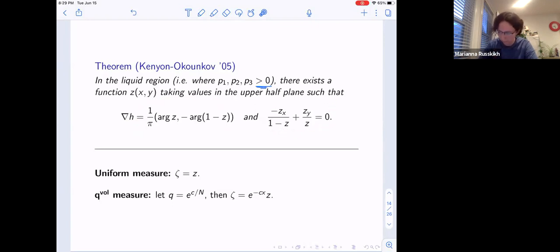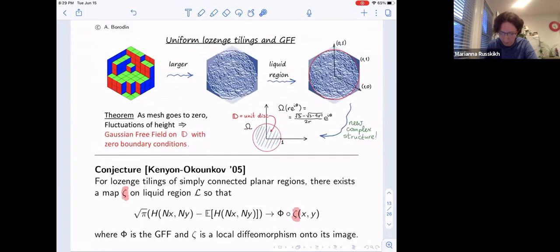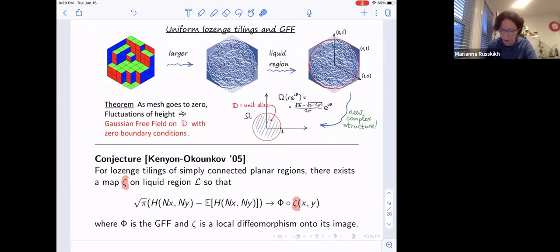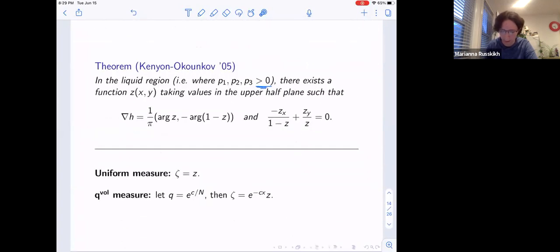And this map zeta, which defines a new conformal structure, is given in terms of this function z. In the case of the uniform measure, it just coincides with z, and in the case of the q to the volume measure, it is given in some way, yet again, in terms of this function z.